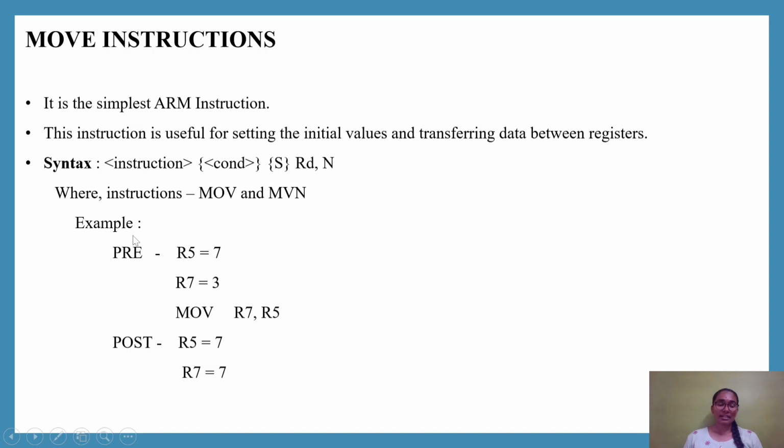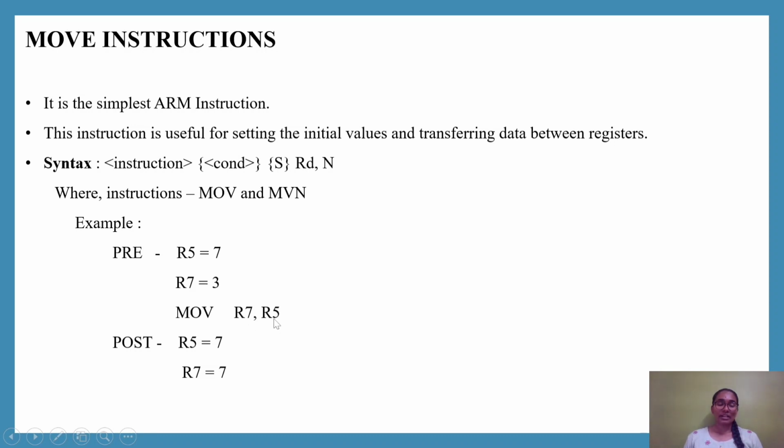Now let us consider an example. Pre is before the execution of the instruction, and post is after the execution of the instruction. Before execution of the instruction move, R5 stores data 7 and R7 stores 3. The instruction given here is MOV R7, R5.